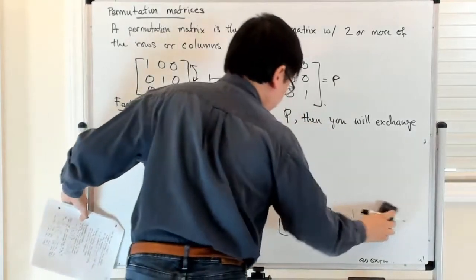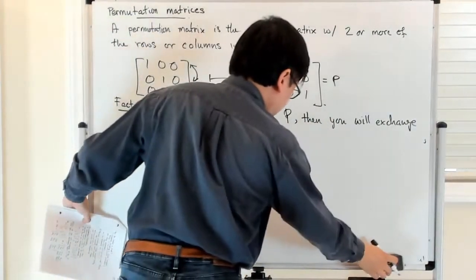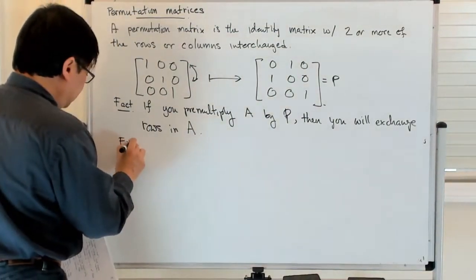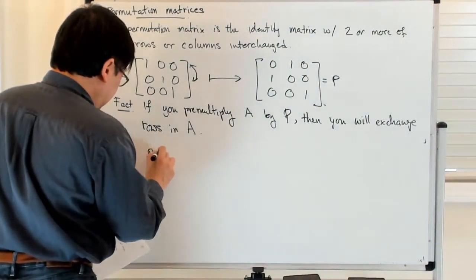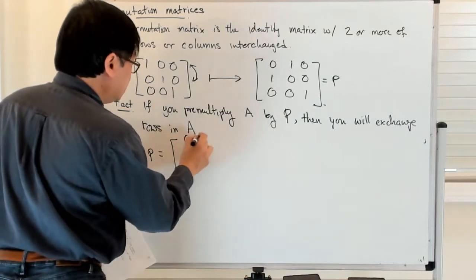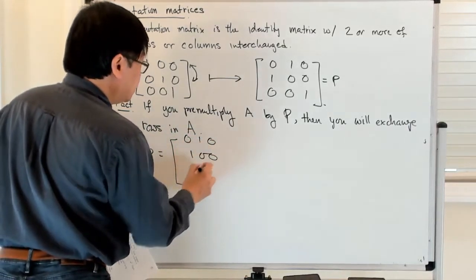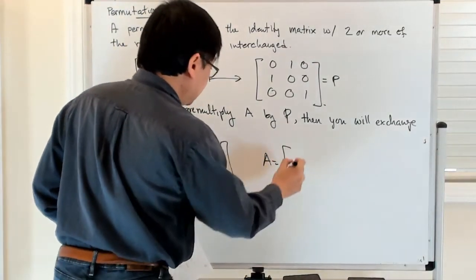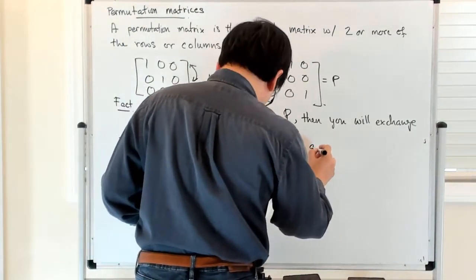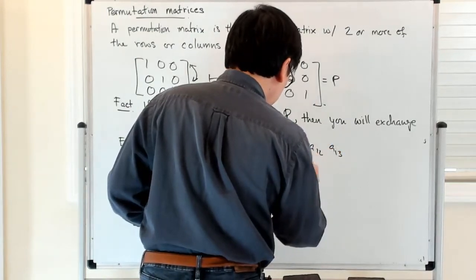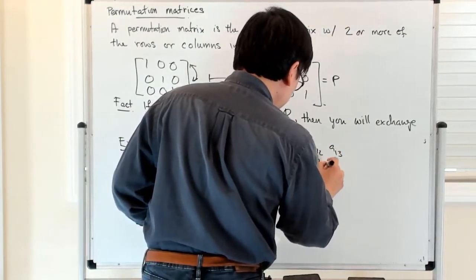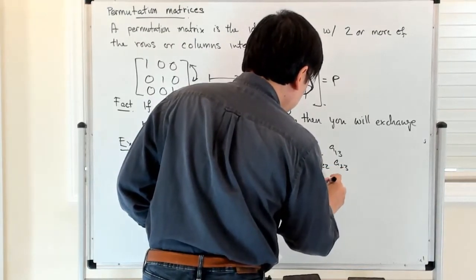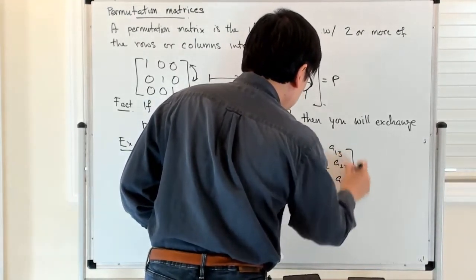Let's look at a specific example of this P matrix acting on a coefficient matrix. Let's say P is 0, 1, 0; 1, 0, 0; 0, 0, 1, and A is A11, A12, A13; A21, A22, A23; A31, A32, A33.